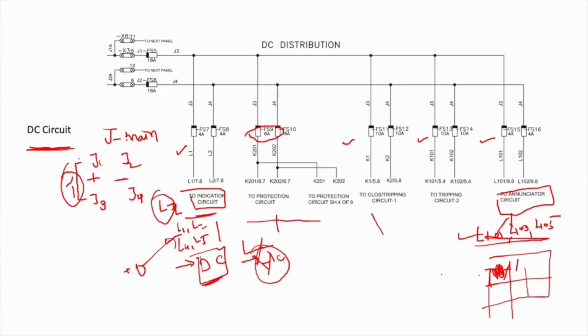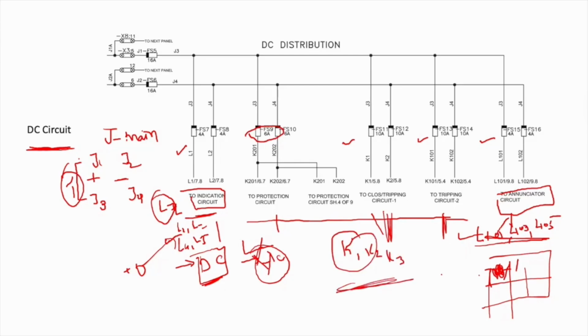After that comes the protection circuit. This is the entire protection, right? It's also divided into different parts so that both of our tripping circuits are powered by different circuits. So tripping circuit 1 is a separate circuit and tripping circuit 2 is also a separate circuit. But the nomenclature of our entire protection system, its ferrule starts with K, right? K1, K2, K5, K3.